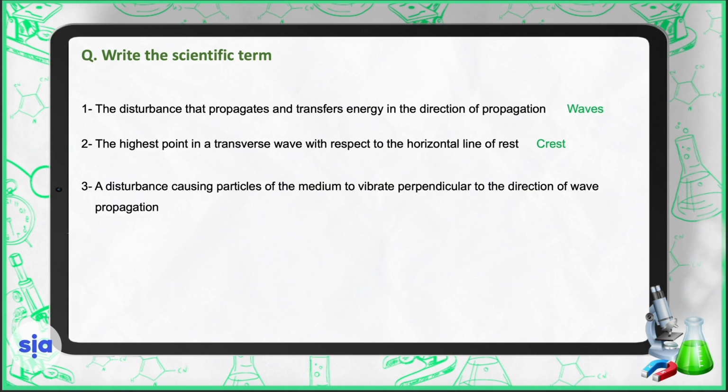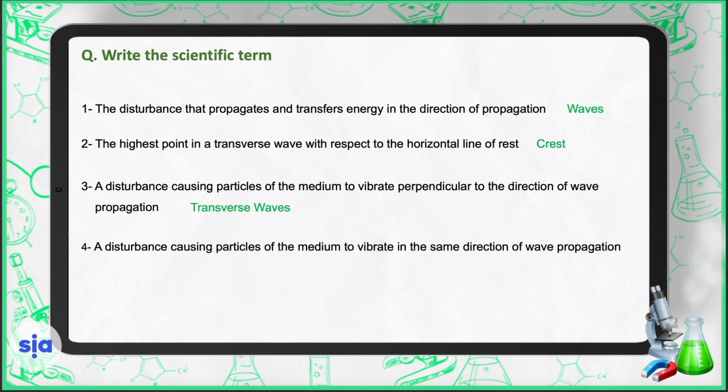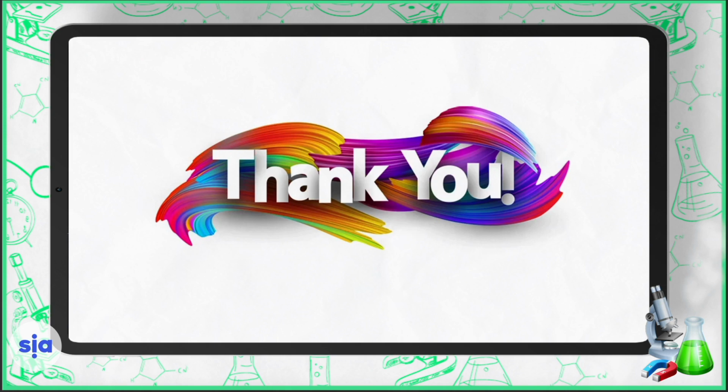A disturbance causing particles of the medium to vibrate perpendicular to the direction of wave propagation. Transverse waves. A disturbance causing particles of the medium to vibrate in the same direction of wave propagation. Longitudinal waves.